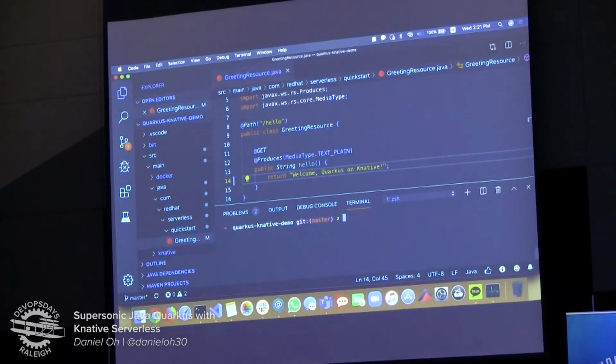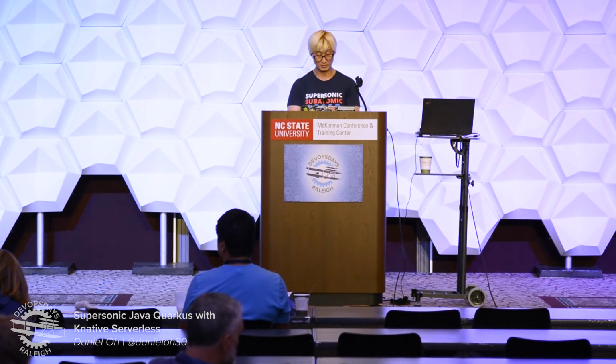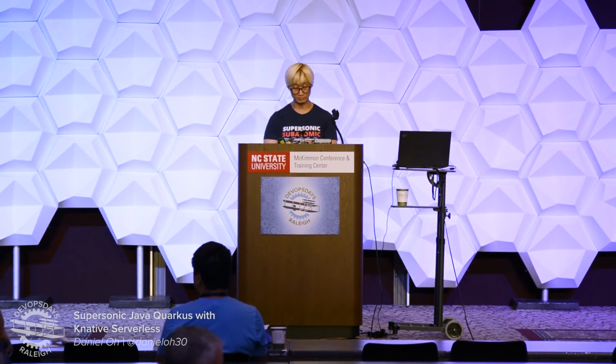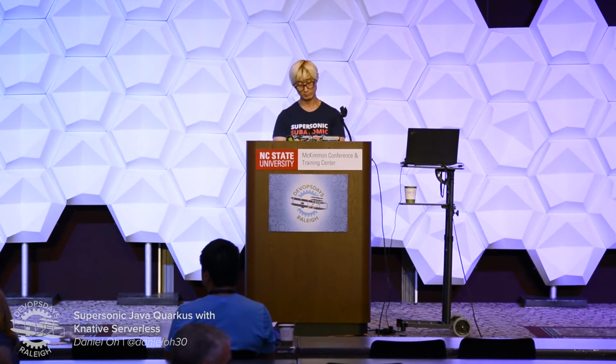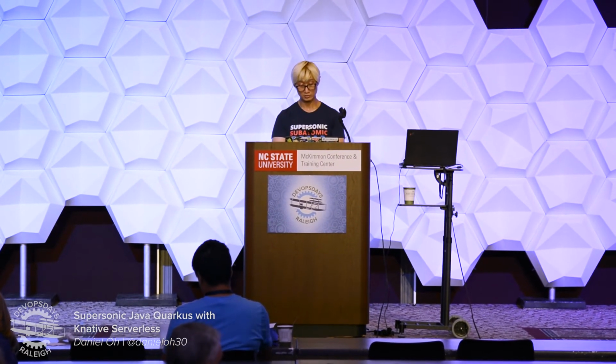For that, I'm going to package it once again as a native executable image, which has a smaller memory footprint and is also super fast to start up. So using the same Maven package command, but this time I'm going to use the native profile.